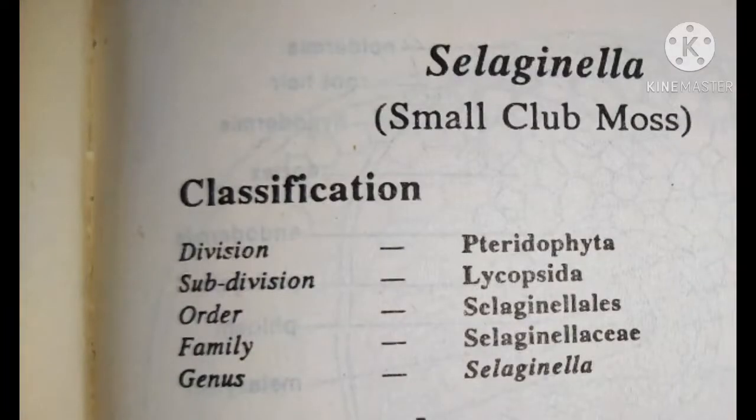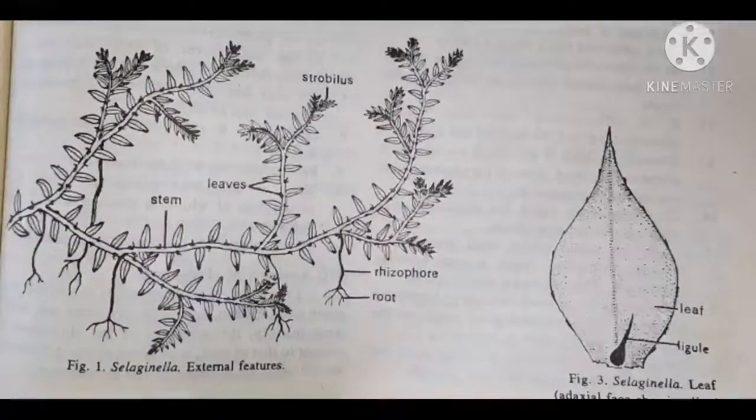Now we will see the external features of the sporophyte of Selaginella. You can see the figure showing the prostrate, branched, leafy structure like a small plant. Many species of Selaginella are prostrate, creeping on the ground.